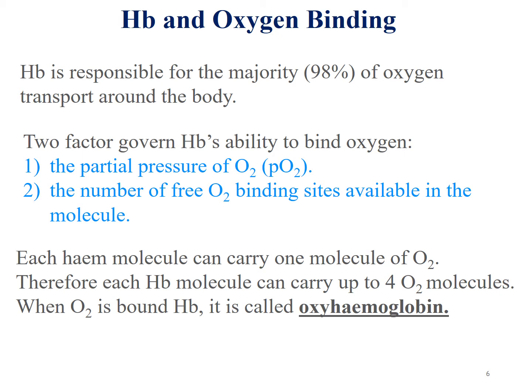Number 1 is the partial pressure of oxygen, which is PO2. We'll discuss it in more detail later. Factor number 2 is the number of free oxygen binding sites on the hemoglobin molecule. Whenever oxygen is bound with the hemoglobin, it has now become oxyhemoglobin.